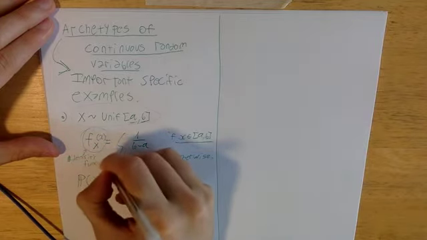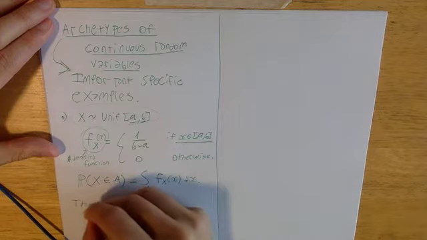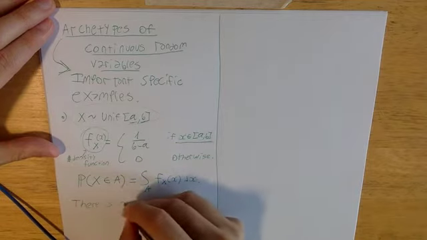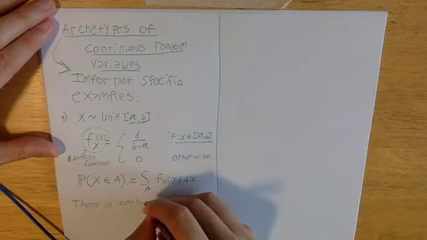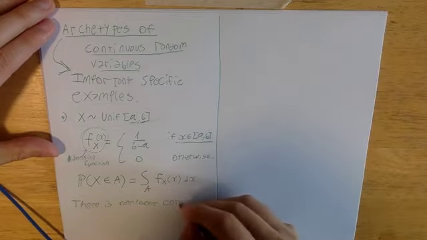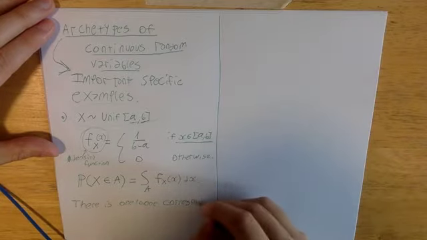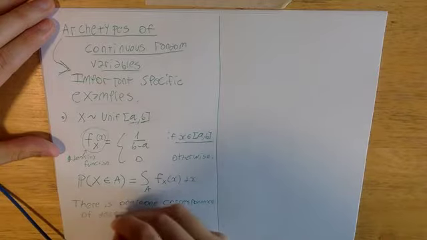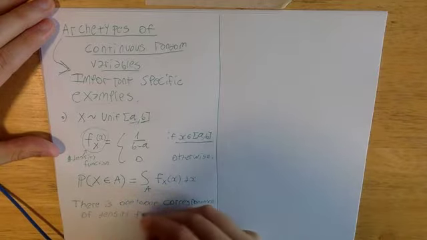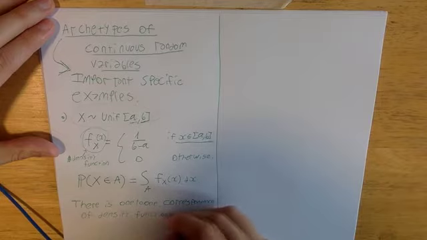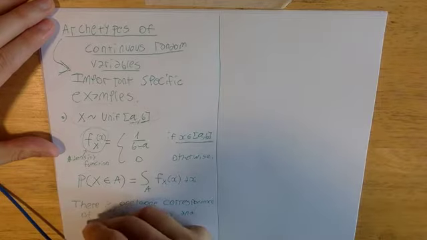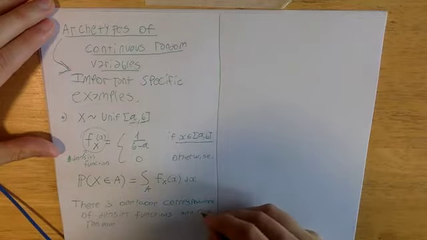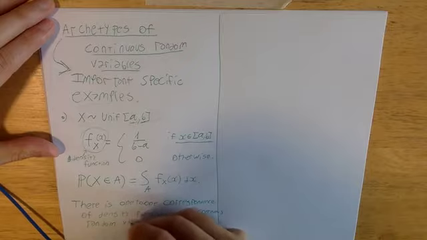There is a 1-to-1 correspondence of density functions and continuous random variables.